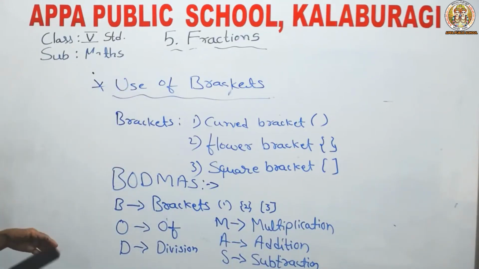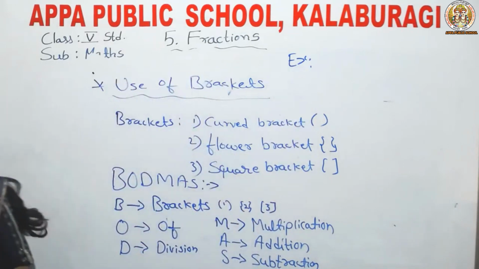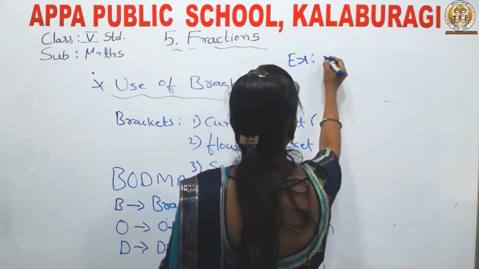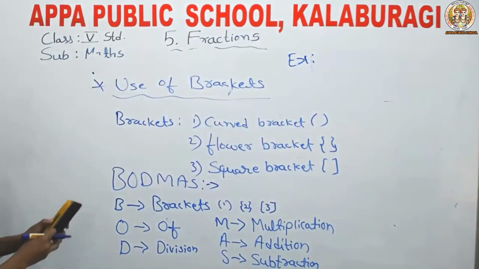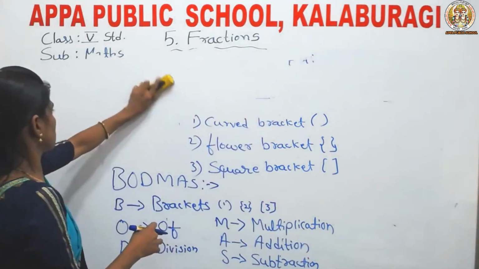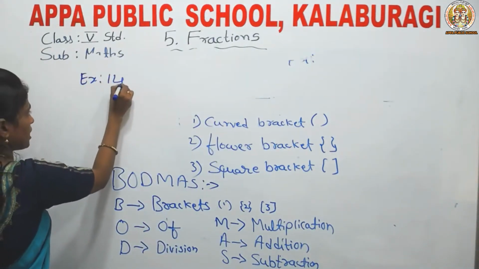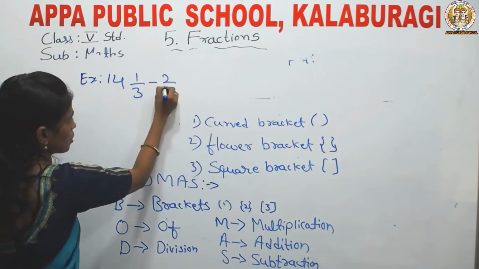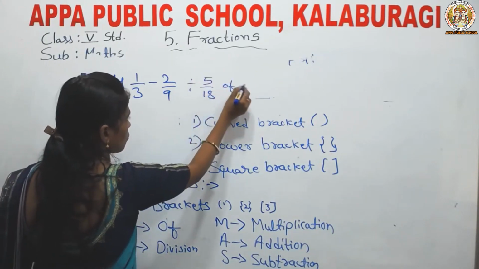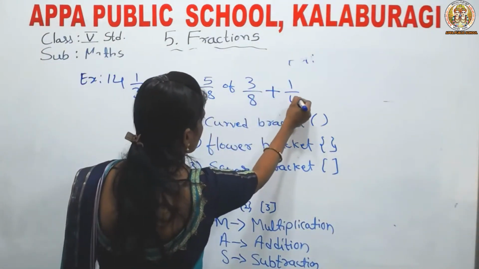Okay. Here, take one example. Example 14: 1 by 3 minus 2 by 9 divided by 5 by 18 of 3 by 8 plus 1 by 4.